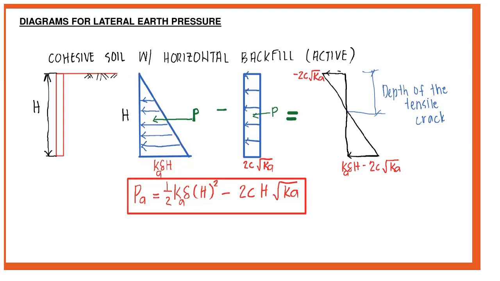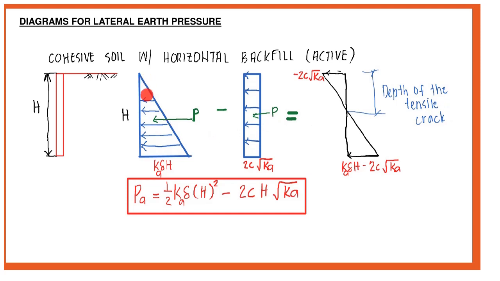So, meron tayong cracking, yung depth of the, meron tayong tensile crack. So, pag may tensile crack tayo, mamiminus natin yung value ng ating horizontal backfill, yung due to our crack, yung depth of the crack natin.